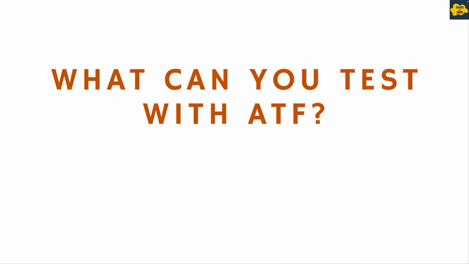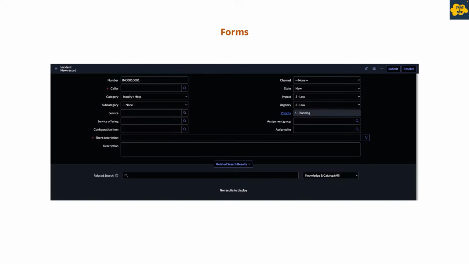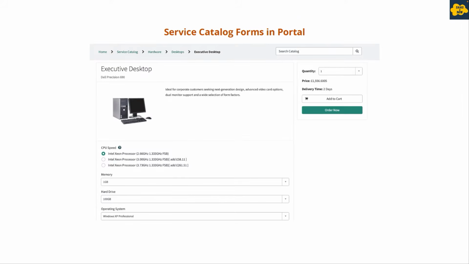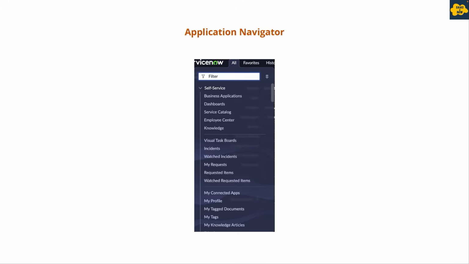What can you test with ATF? You can test forms like incident form and change form, or a service catalog form like the access request catalog form. You can also test a service catalog form in the portal, and application navigator items like my tasks and open incidents.